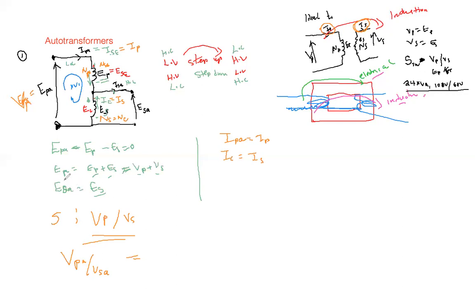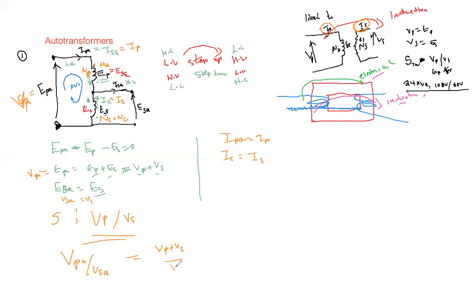So if I check here, I'll see that VPA is equal to EPA, which is equal to EP plus ES, which is equal to VP plus VS. So I'll write this as VP plus VS over VSA. If I check, VSA is equal to VS here.